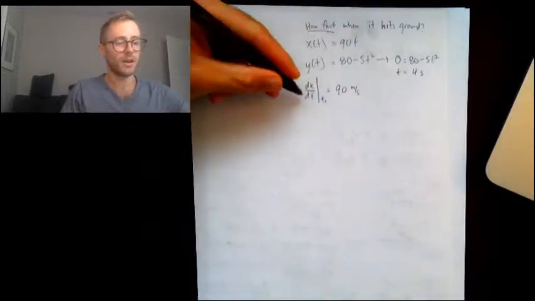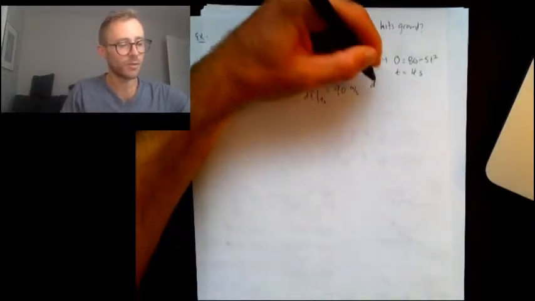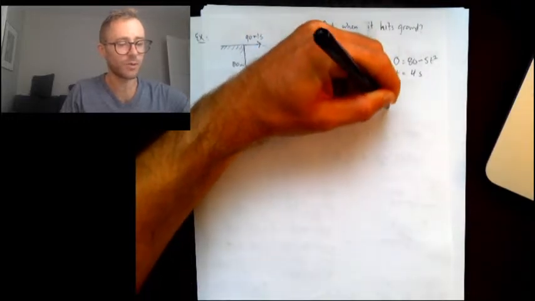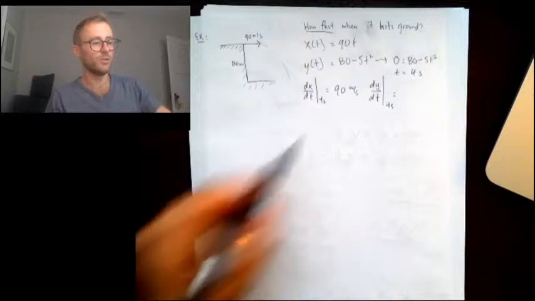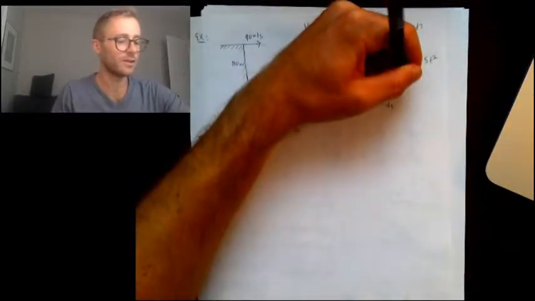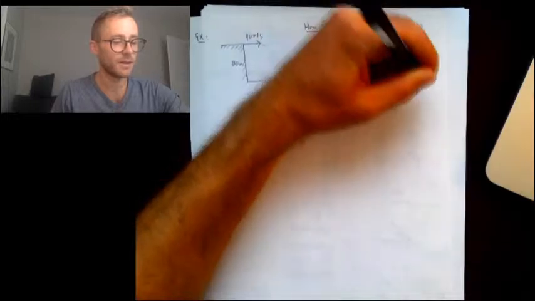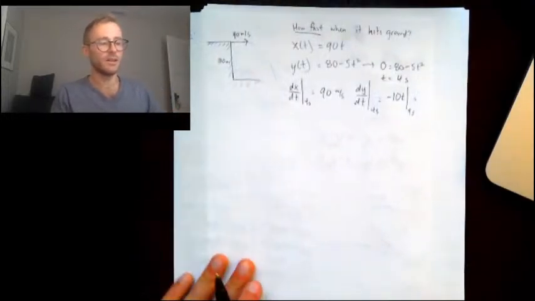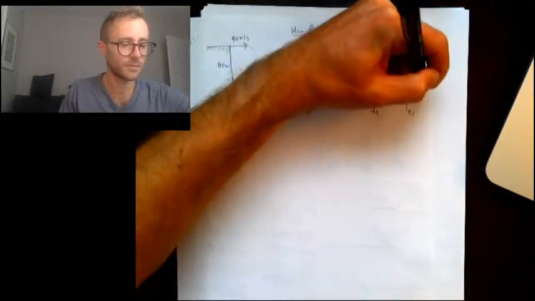And then the y component of the velocity would be dy dt evaluated at 4 seconds. So dy dt is going to be minus 10t evaluated at 4 seconds. I plug in 4 for t, and I get negative 40 meters per second.